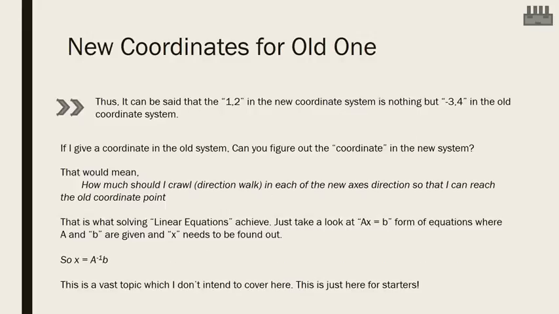So what we saw just now is we had a new coordinate system and we wanted to figure out where 1 comma 2 in the new coordinate system maps to, right? We found out that it maps to minus 3 comma 4 in the old coordinate system. That's fine.